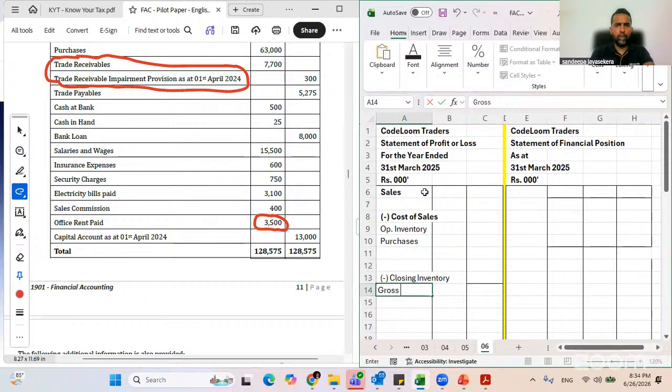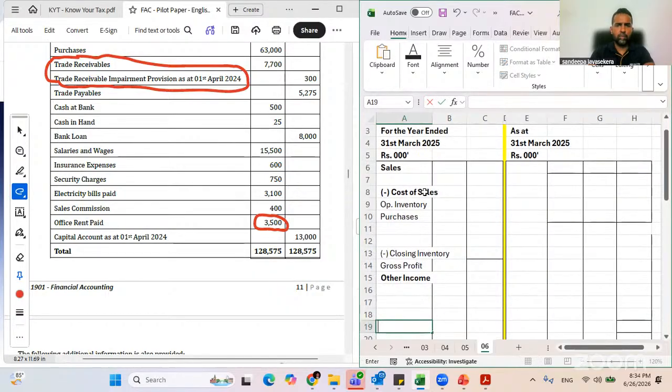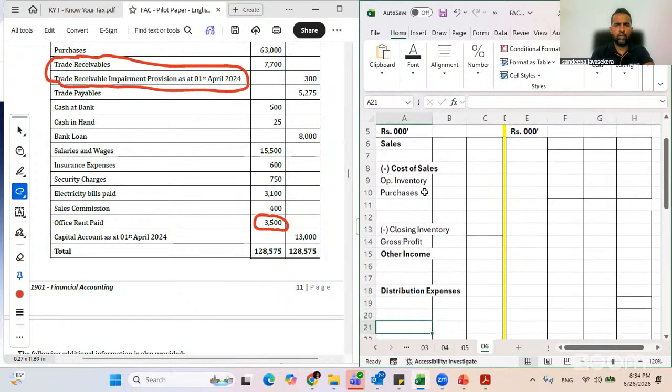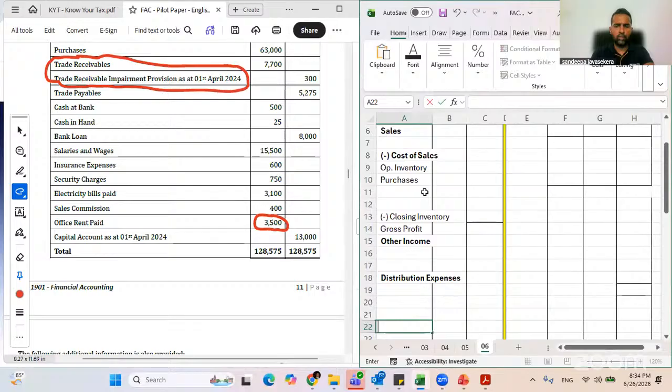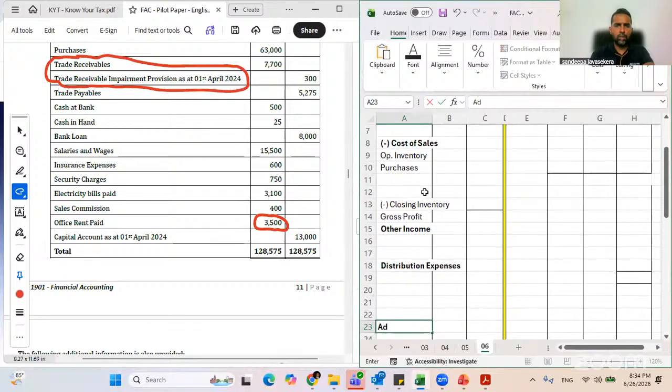Arrive at the gross profit. Other income. Distribution expenses. Administration expenses.